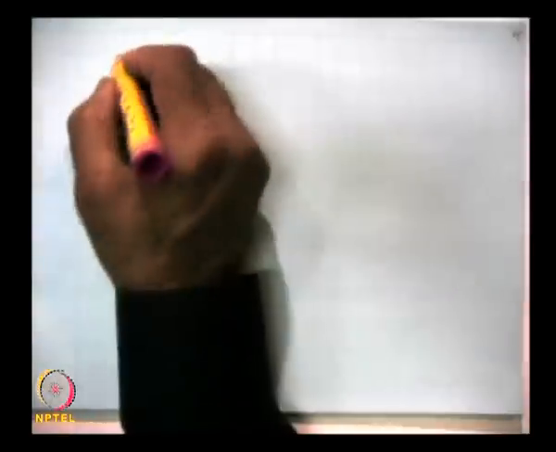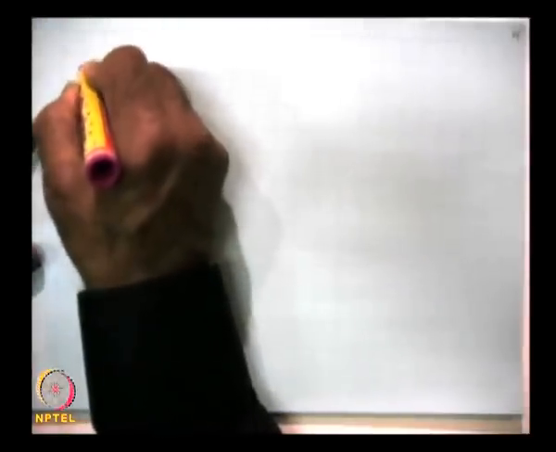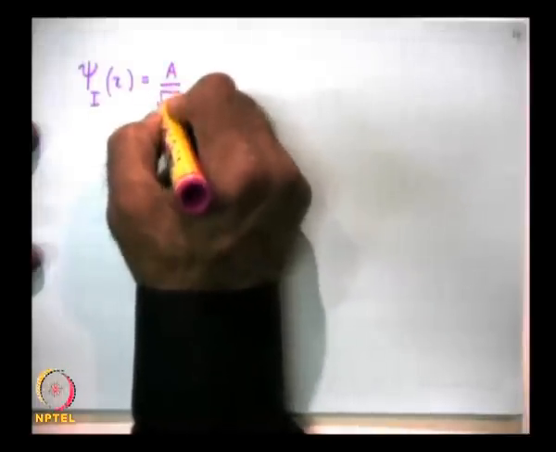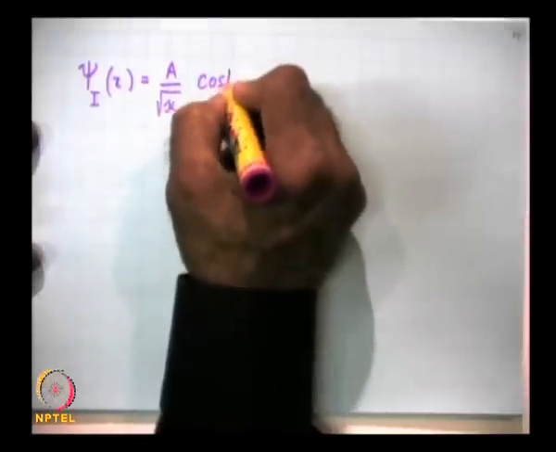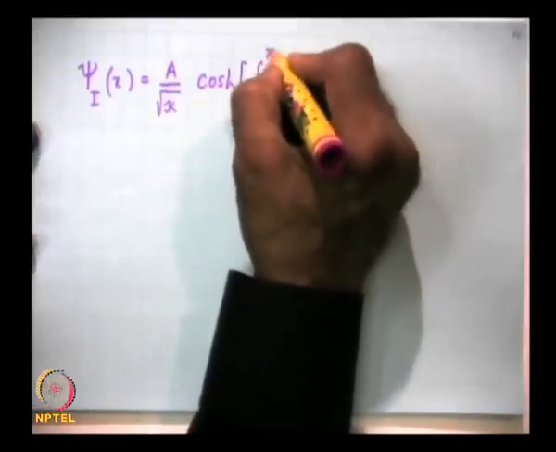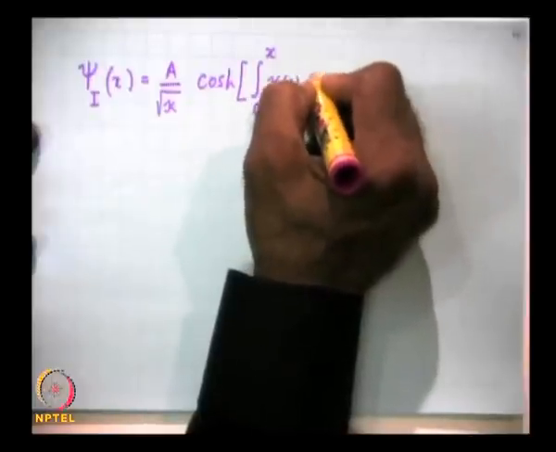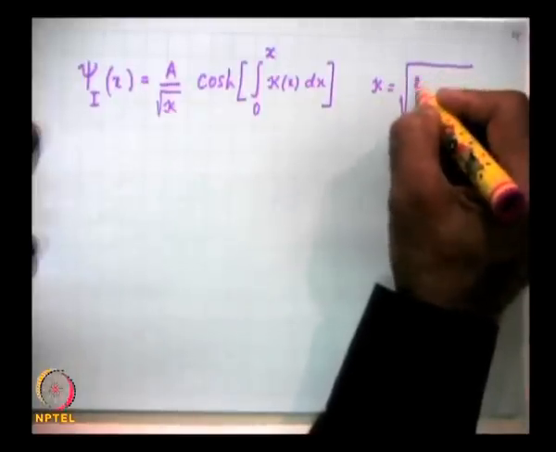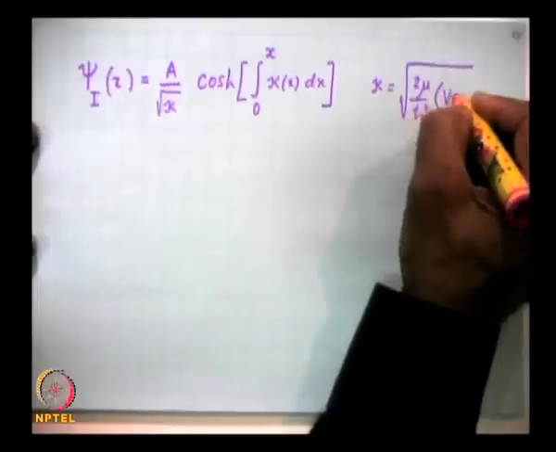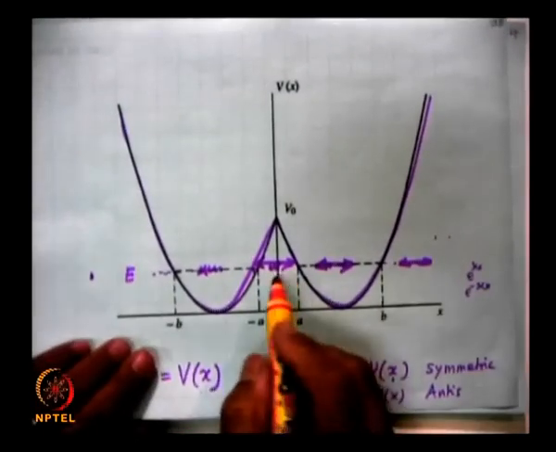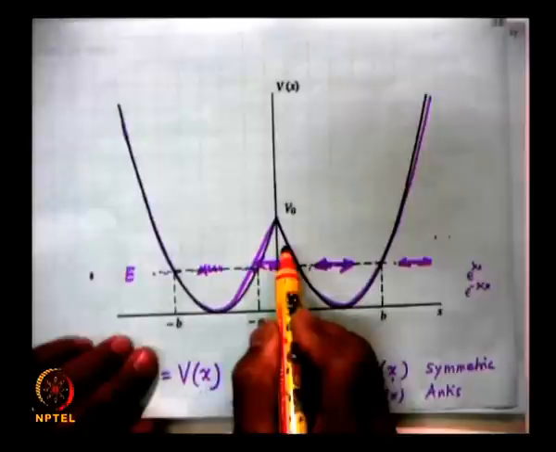So, this is the first region, let us suppose. psi of x is equal to A by root kappa cos hyperbolic, or again for the anti-symmetric function I can take sine hyperbolic, of the integral from 0 to x of kappa of x dx, where kappa of x is equal to the square root of 2 mu by h cross square times (V minus E), because in this region mod x less than a, V is greater than the assumed energy. So, therefore, we must use kappa of x.